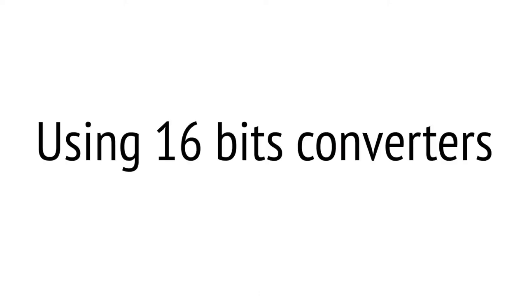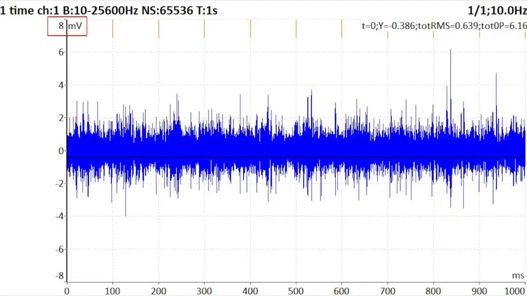Because around the year 2000, mostly 16-bit converters were available, the analyzers had to use them. But they could not use them for the full volts range. The low signal levels had to be amplified first and then converted to digital form. The low-level signal in the picture has to be amplified.